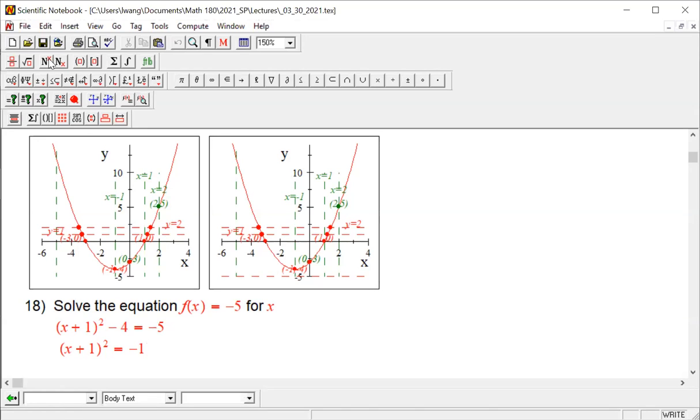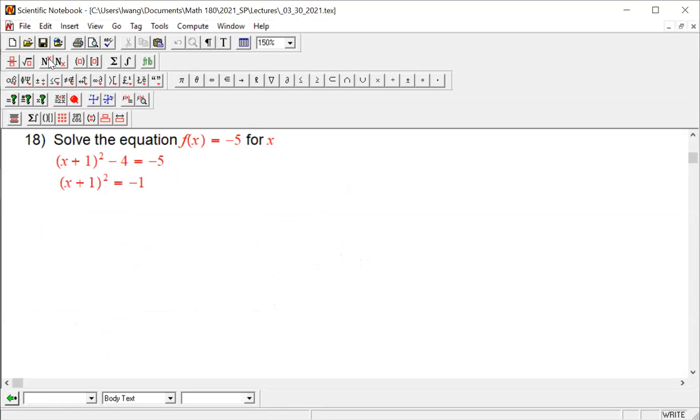On the right-hand side, we have a negative number. Does any one of you know about complex numbers? That's right. So this is the situation. We're going to have complex numbers. The quadratic equations still have solutions, but the solutions are complex numbers.